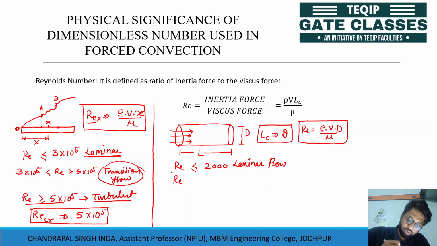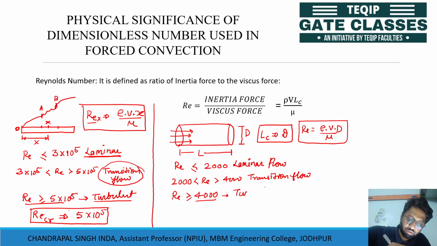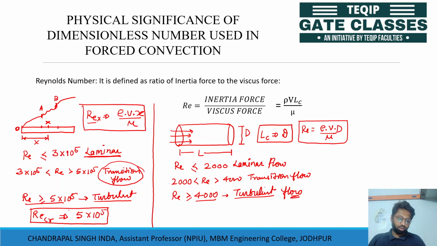If the value of Reynolds number is greater than 2000 and lesser than 4000, then the flow will be treated as transition flow. And if the value of Reynolds number is greater than 4000, then the flow is turbulent flow. So we have to remember these values when we have numerical problems.